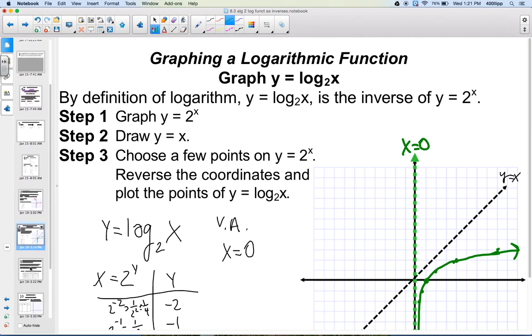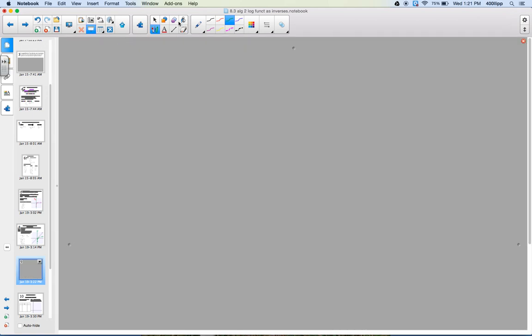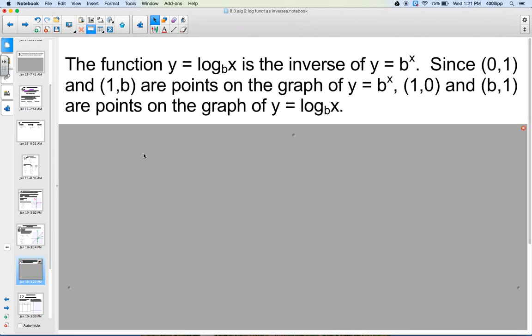Okay, moving on here. So let's just look at a few things here. So we know that when we're looking at these, the function of y equals log base b of x is the inverse of y equals b to the x. We know that because if I write this out, I can say this is my base b. Log equations are equal to your exponents, y.